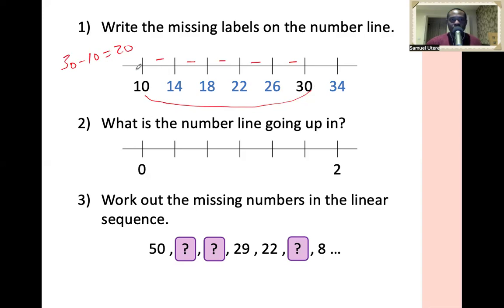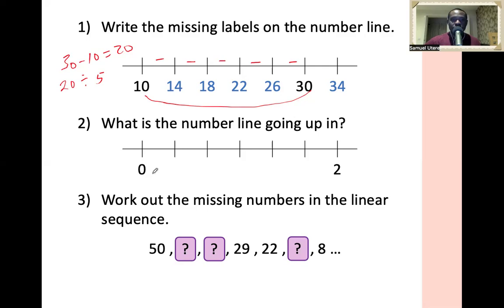But the value between 10 and 30 is 20, so we're going to have to divide 20 by 5. So each interval is actually 4. So the numbers go up in 4, and we'll now start adding 4 each time.